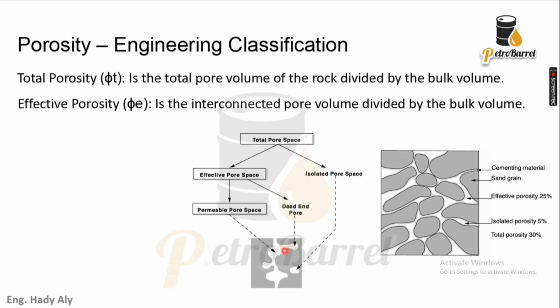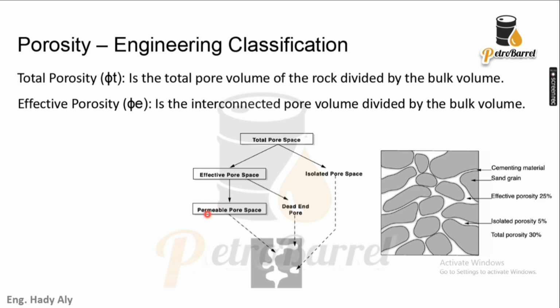Why dead? Because the fluid doesn't have any option to overcome or move through this end or this pore space. So it is called dead end pore due to the impossibility of movement of the fluid through this way.